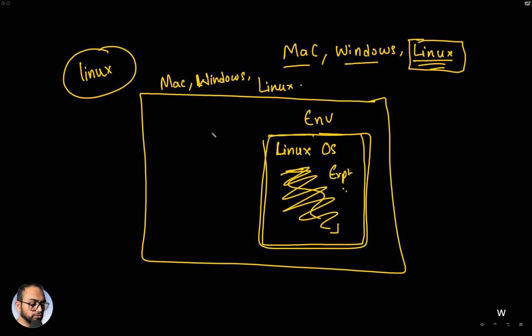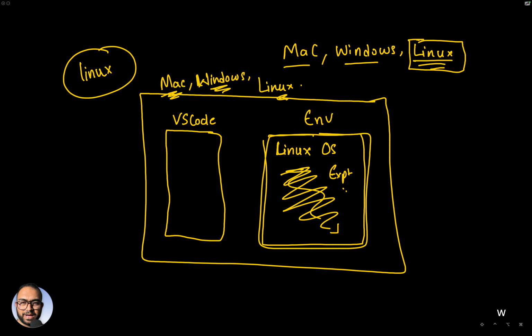The other thing is, because we don't want to end up working in the terminal always, we would want to write code in files and so on. We are going to use VS Code, which is running on whichever OS is your parent or host OS. VS Code runs on your parent OS, and we connect to this Linux environment over SSH.